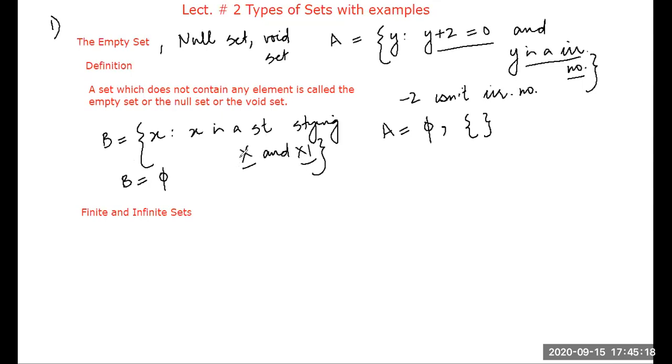Now students, we can even think of another example. Let's say B is the set of all x such that x squared minus 2 is equal to 0 and x is a rational number.